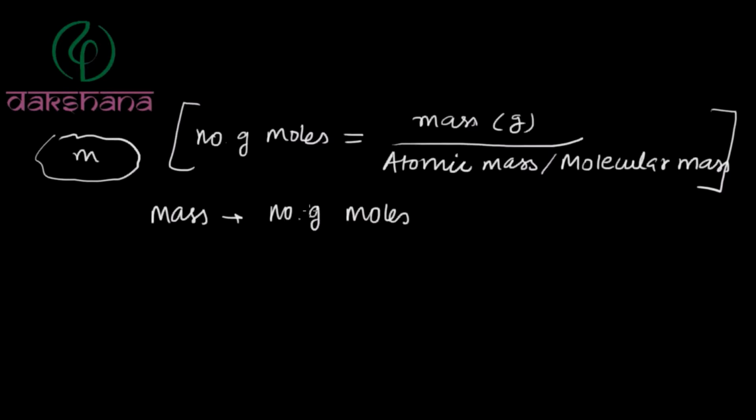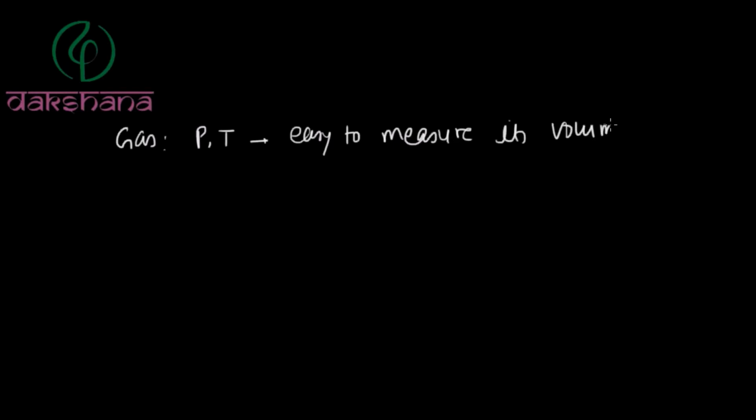Now, if the given substance is a gas at some pressure P and temperature T, then it's easy to measure its volume. Now why am I saying that it's easy to measure its volume? Let's say I have a container in which I have a gas.